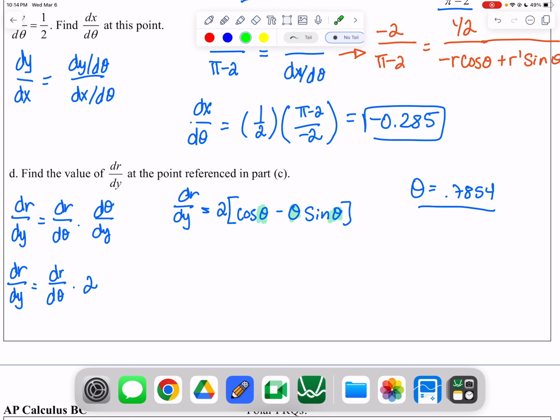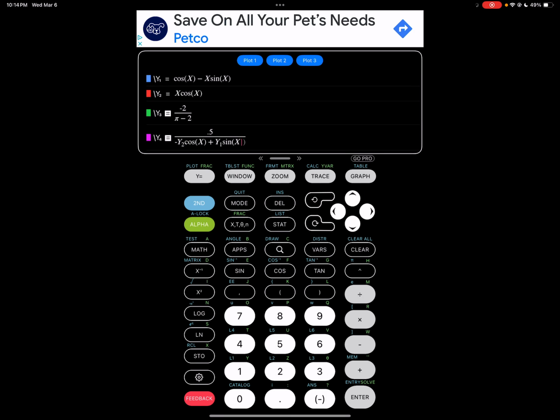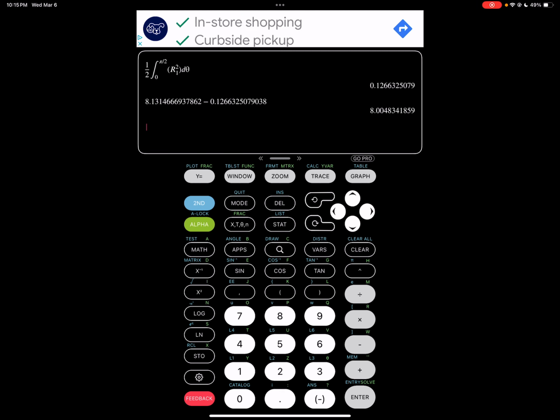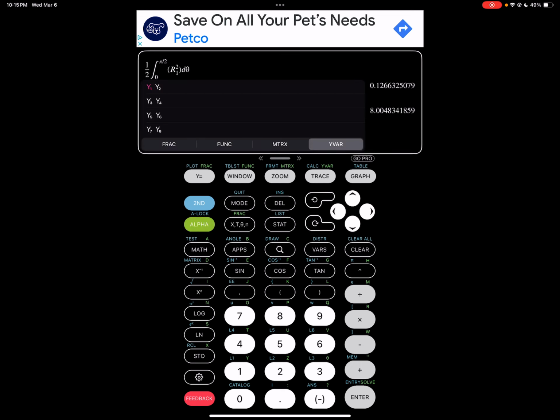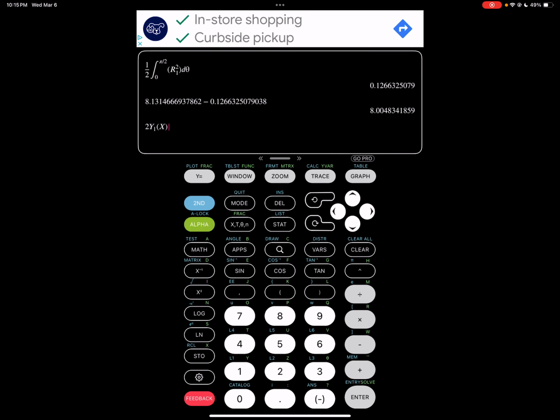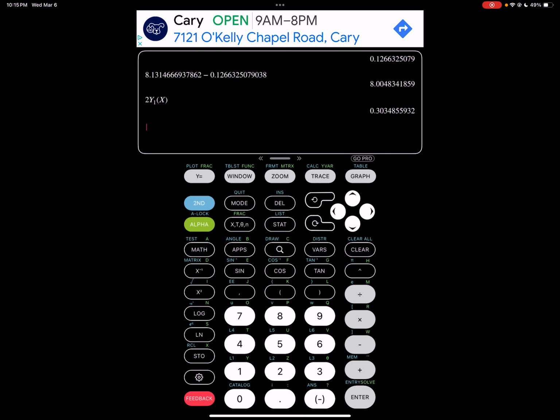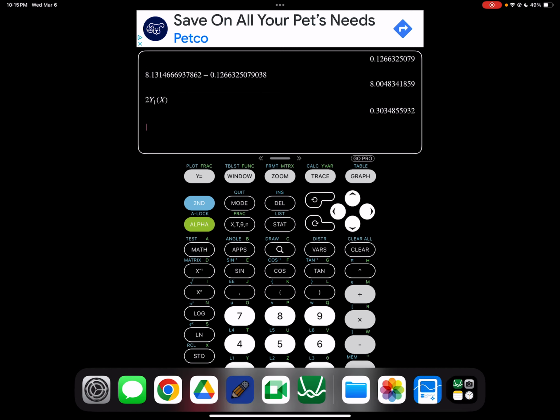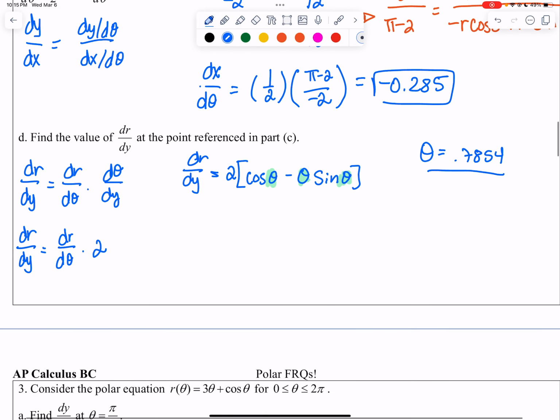So let me check. Yeah, that was y1. So I'm going to do 2 times y1 of x. And that is going to give me 0.3034. So this tells me that dr/dy is 0.3034.